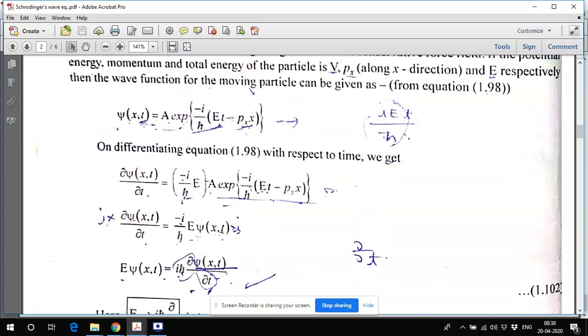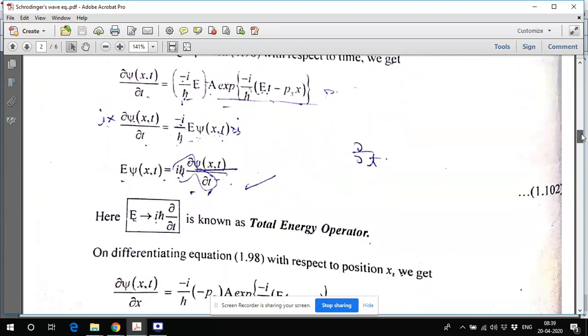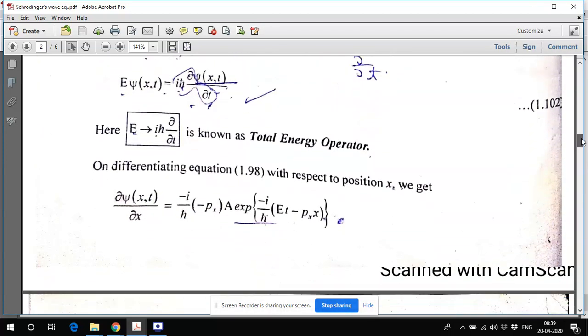Since that was one variable, the second variable is x. So now I am differentiating this equation with respect to x. If I differentiate with respect to x, this quantity will remain as such, but since p_x is there, p_x will come out.